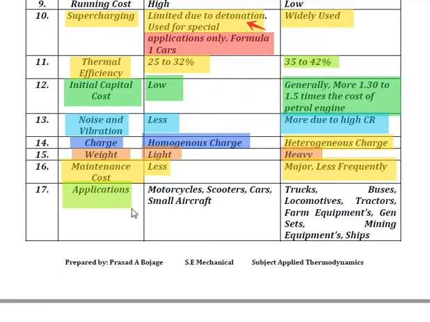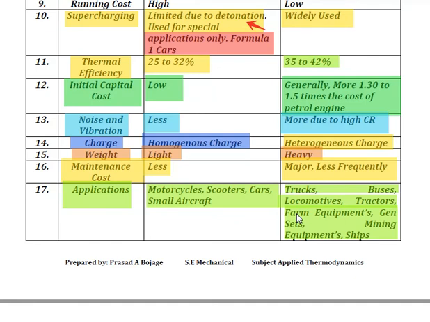Petrol engines are basically used in motorcycles, scooters, cars and small aircraft. Whereas diesel engines have a wide range of application, such as trucks, buses, locomotives, tractors, farm equipment, gensets, mining equipment and ships.